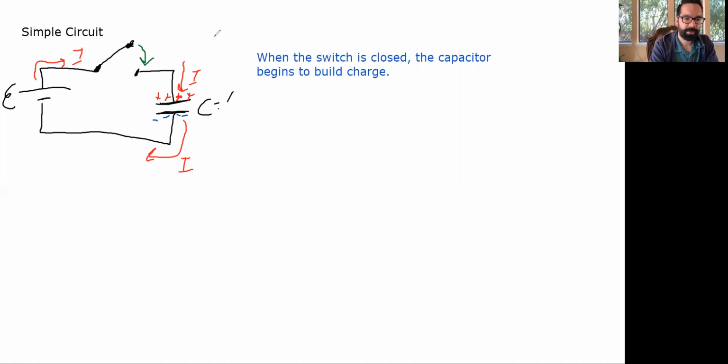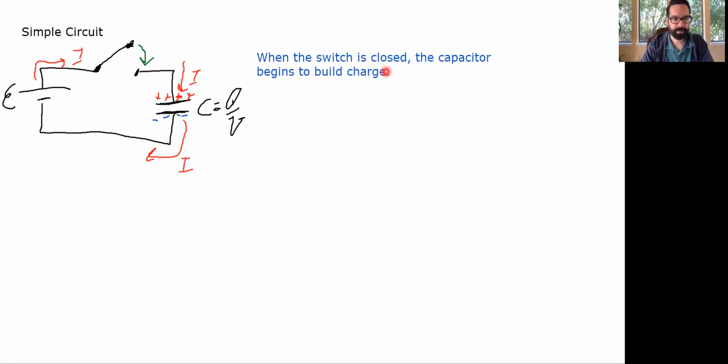That's what C equals Q over V. So this will start to build up charge. Eventually, because this capacitor is in parallel with the battery, these are going to have the same voltage.